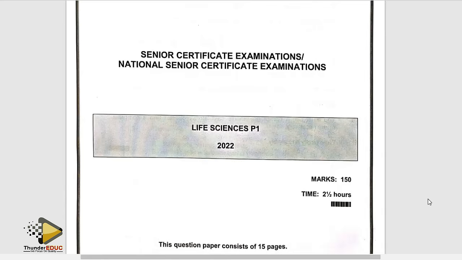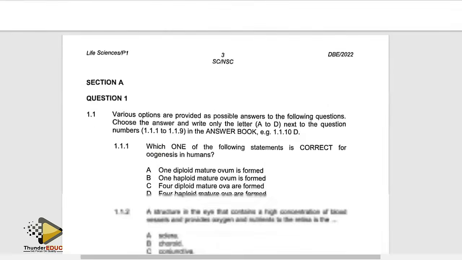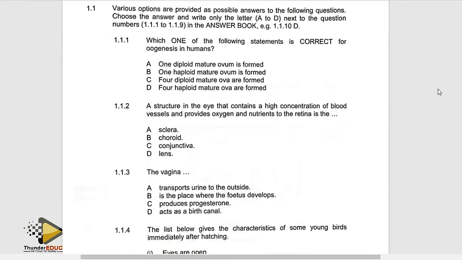Let's go through the objectives and most of the questions which are likely to have some challenges, and then we try to crush or smash those challenges so that when it's time for you to write your final exam, you can still answer these questions. Let's go straight to the objectives without wasting time.